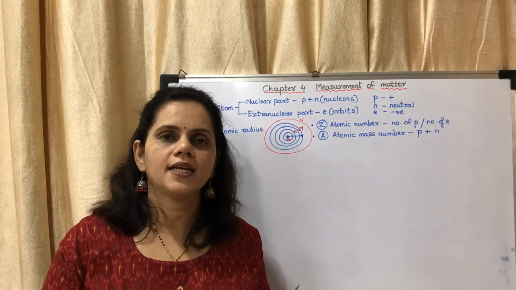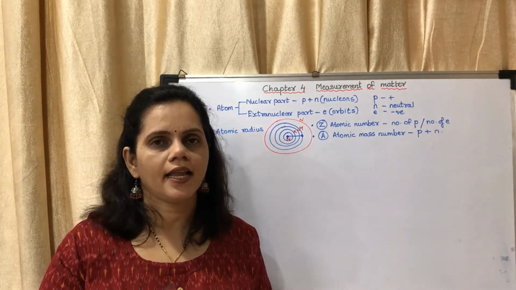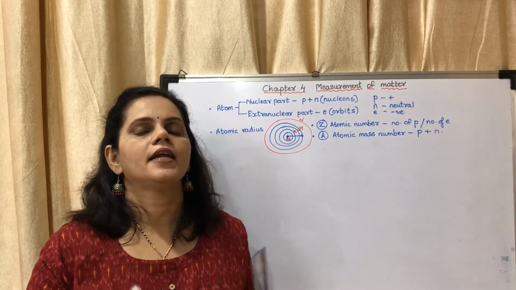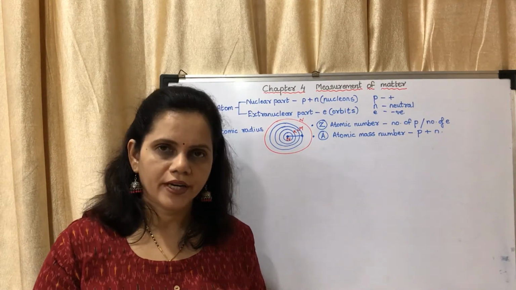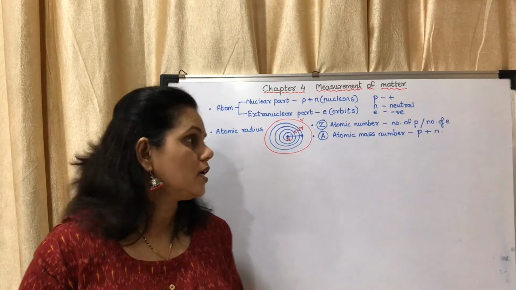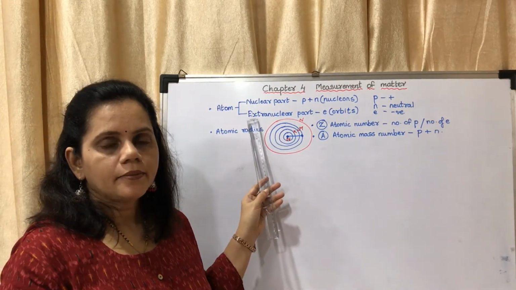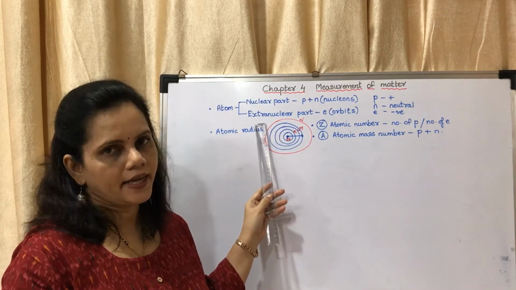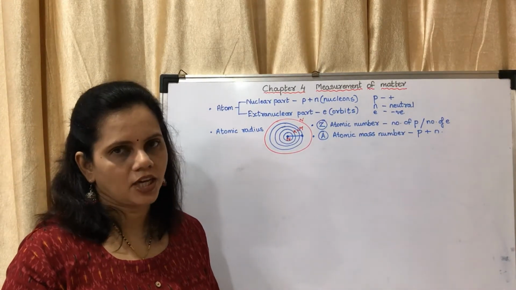But basically there could be 4 shells, which are named K, L, M and N, and electrons revolve around the nucleus in particular orbits. So this is about the two parts of an atom, nuclear part and extranuclear part. Electrons have negative charge.